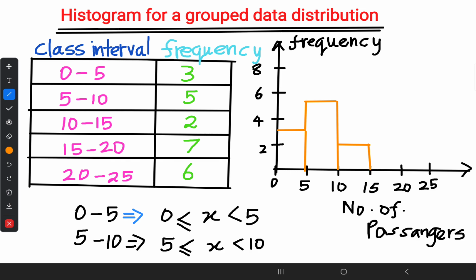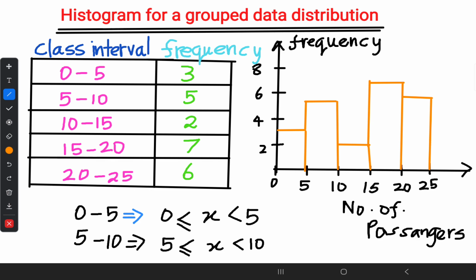For 15 to 20, there are 7. So it should be here. And then finally 20 to 25, there are 6. There are 6 passengers in this range. Okay, this is the way.